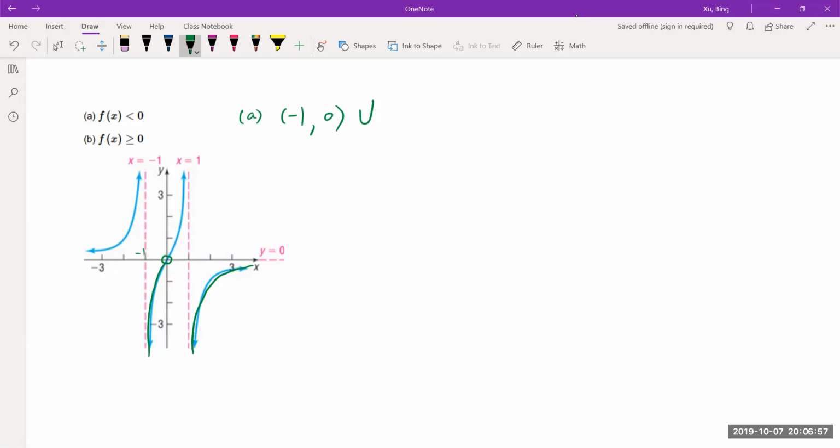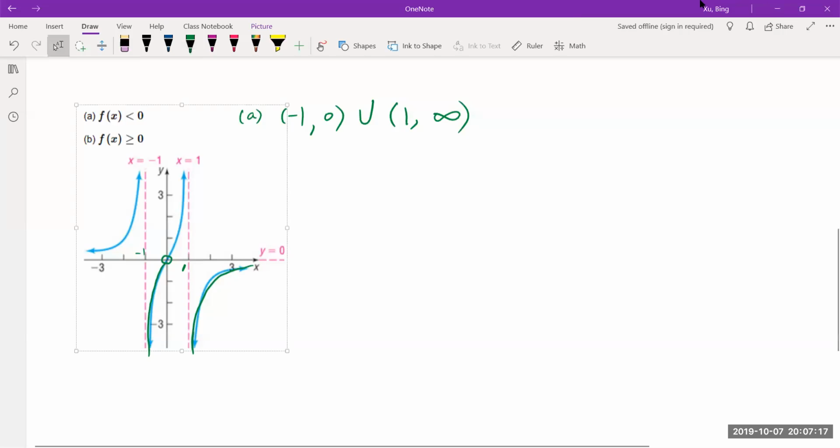Union this part, which is from 1. Your x cannot be equal to 1 because 1 is not in the domain. From 1, 2, all the way to infinity. That is the solution for f of x less than 0. Any question on that part?